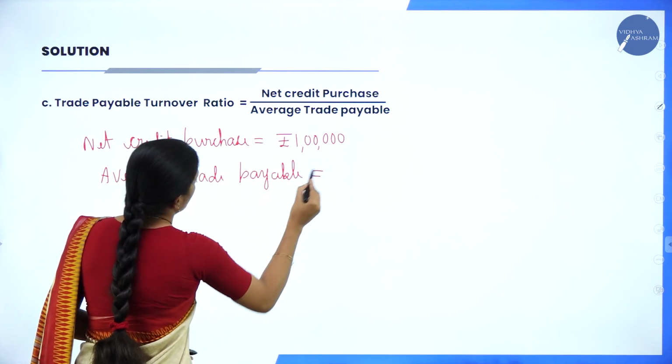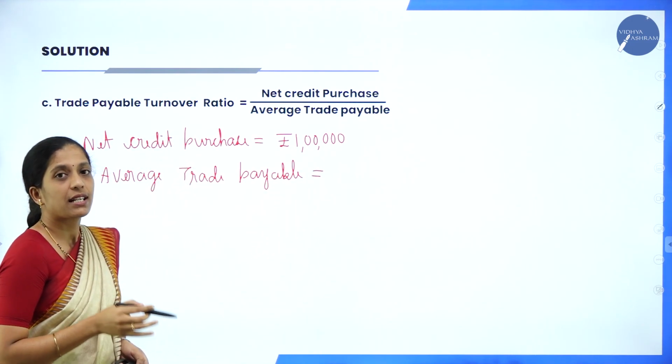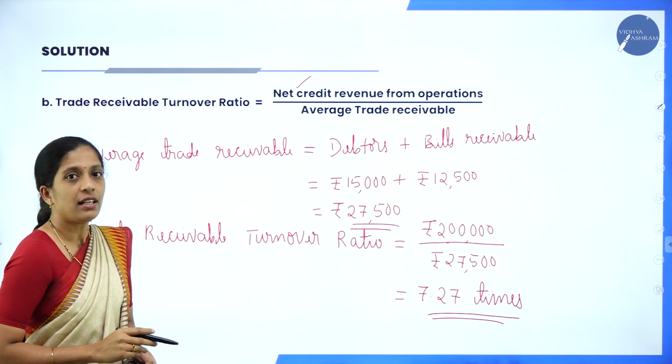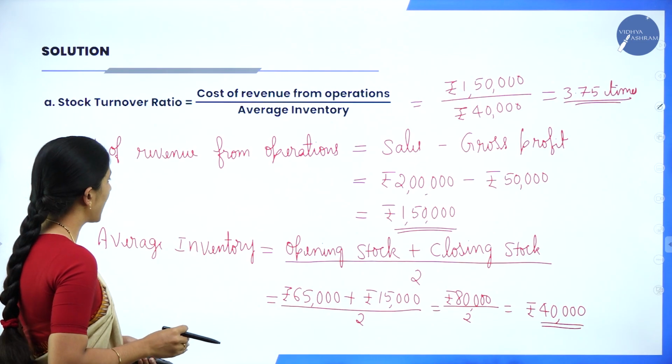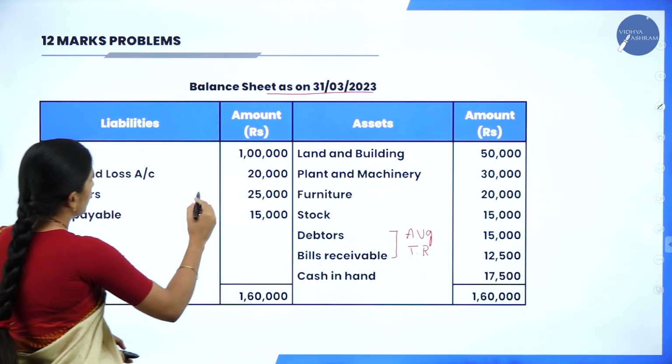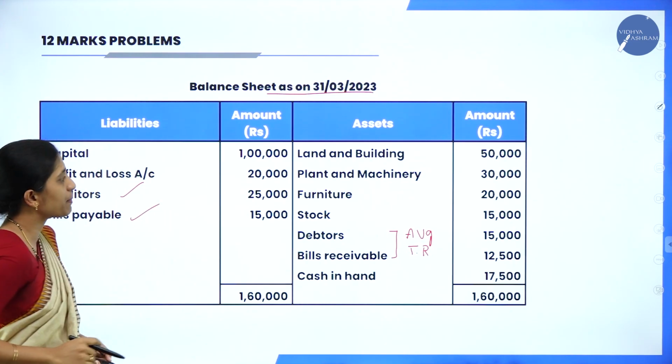For average trade receivable it is debtors plus bills receivable. Now, for average trade payable it is creditors plus bills payable. So, average trade payable is equal to creditors plus bills payable.